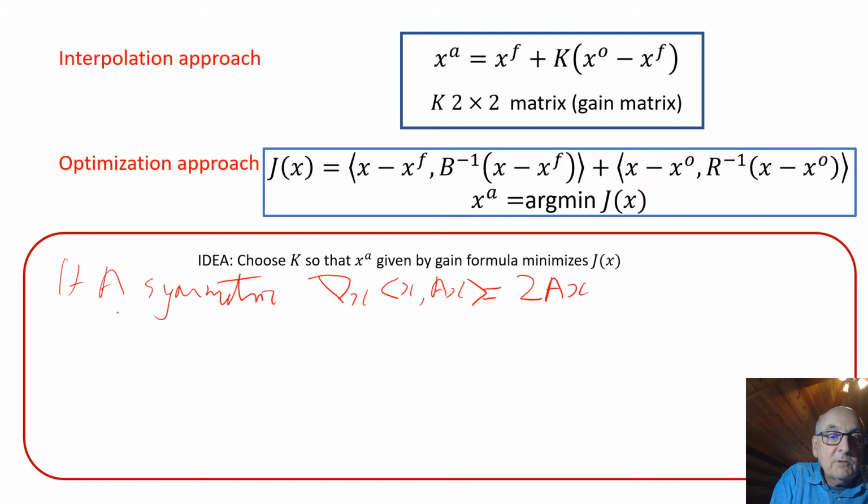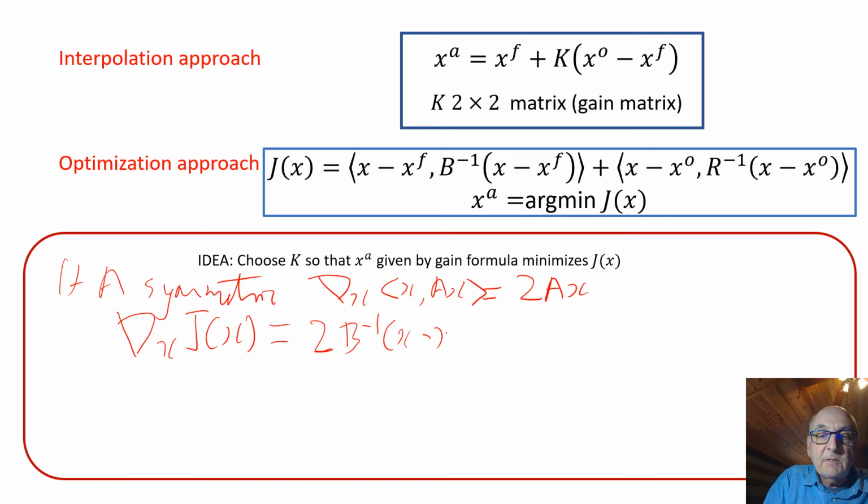Okay, so now what we want to do is calculate the gradient of J of X. Well, I'll leave you to do that for a sec. You can pause and try to figure that out. We're using this formula. It's now not hard to see that this is equal to 2B inverse X minus XF plus 2R inverse X minus XO.